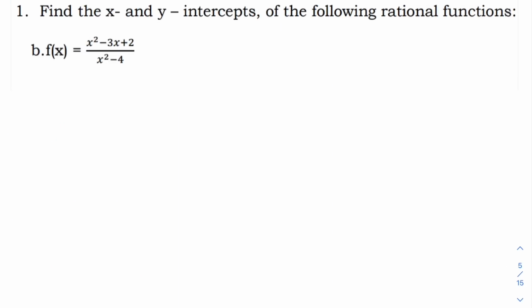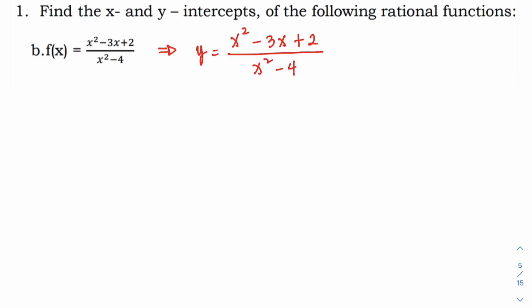Number 2. So, dito guys, ang f of x natin is equals to x square minus 3x plus 2 all over x square minus 4. Okay? So, again, pwede nating i-rewrite yung ating function to y equals x square minus 3x plus 2 all over x square minus 4.